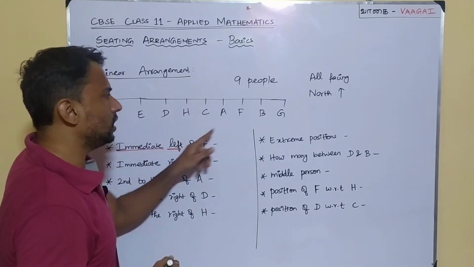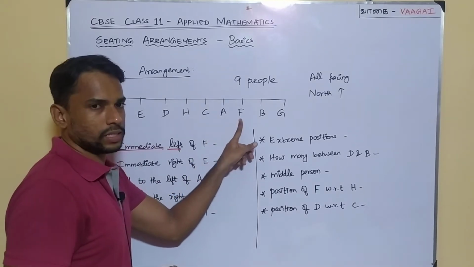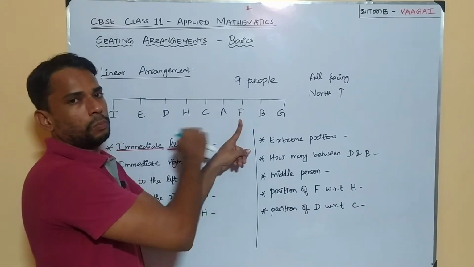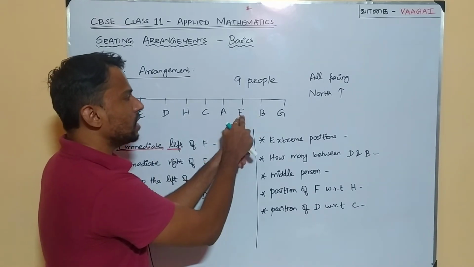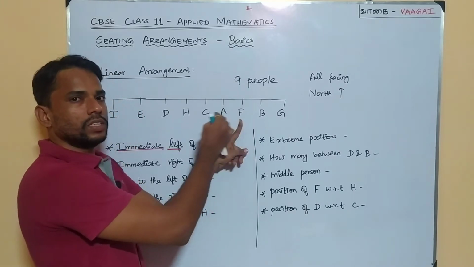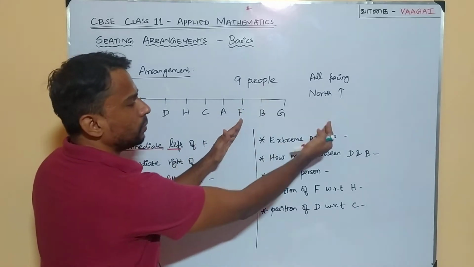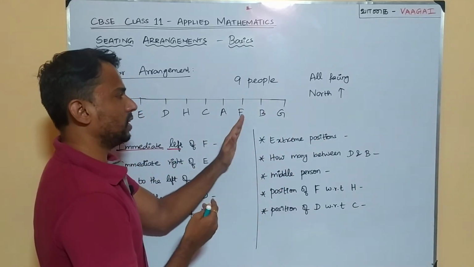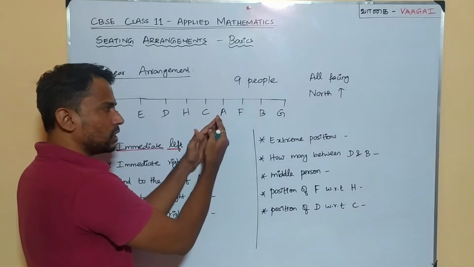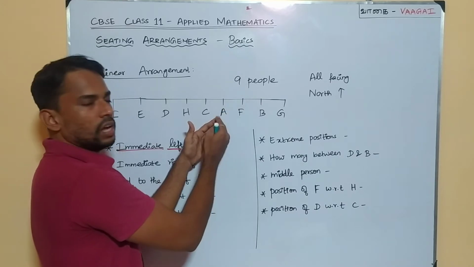Now go and see the arrangement. In the arrangement, our person F is here. With reference to F, we have to see the immediate left position. For F, this is the left hand side and this is the right hand side. So with respect to F's position, we have to see the immediate left, the person sitting very next on the left.